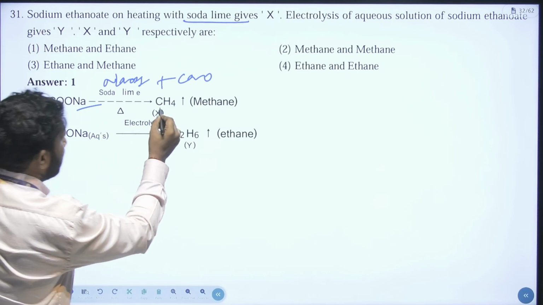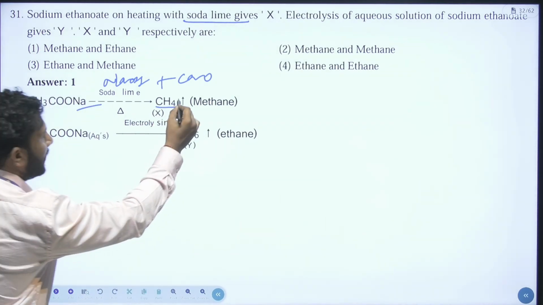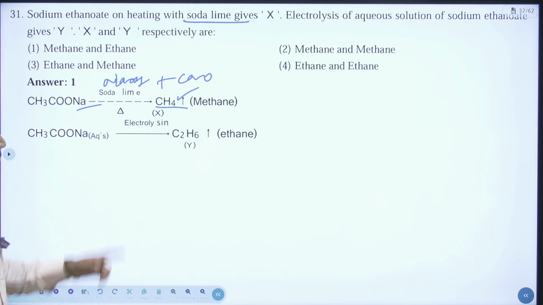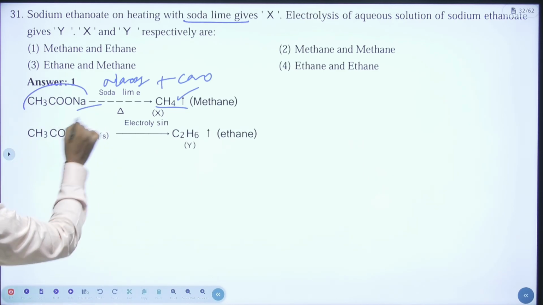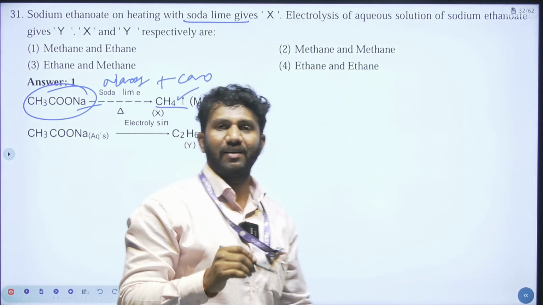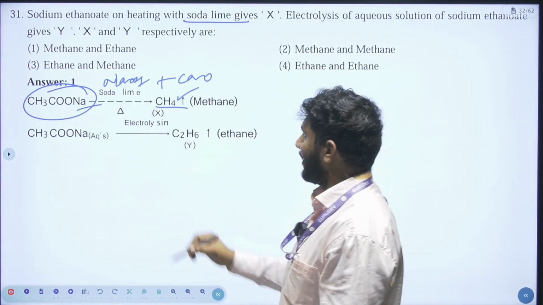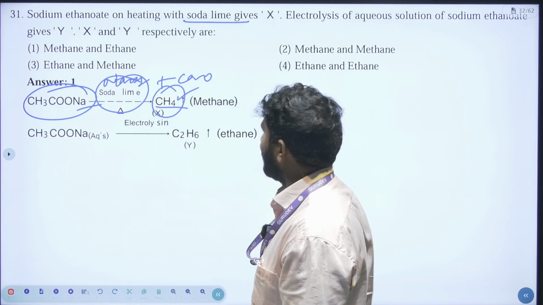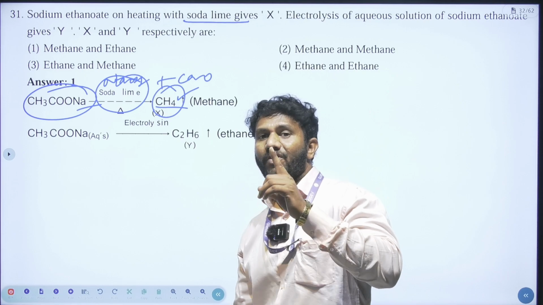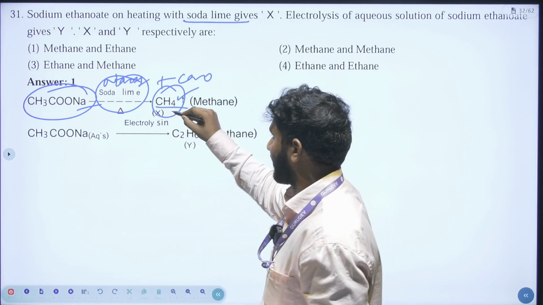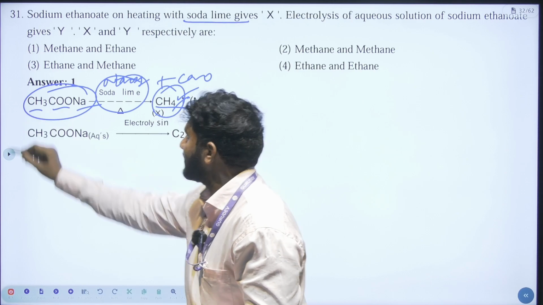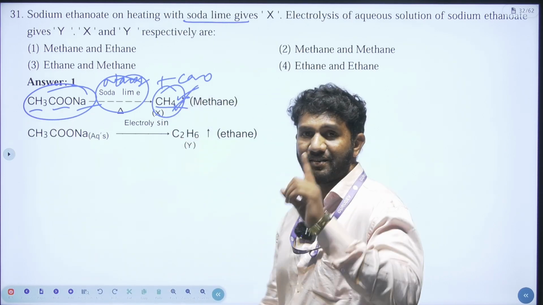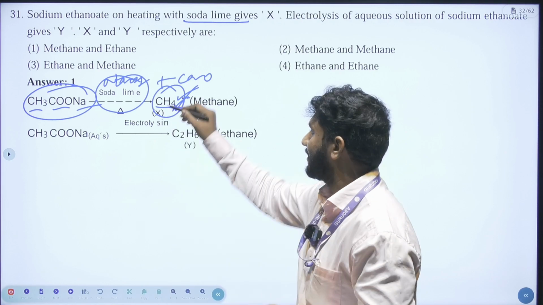So here it gives methane as the product. Sodium ethanoate is a salt of a carboxylic acid. When it reacts with soda lime, it gives an alkane with one less carbon. Here the number of carbons is 2, but the obtained product has 1 carbon, that is an alkane.